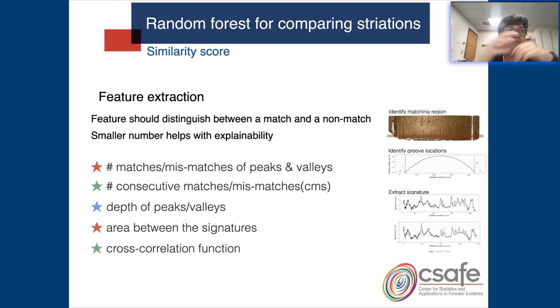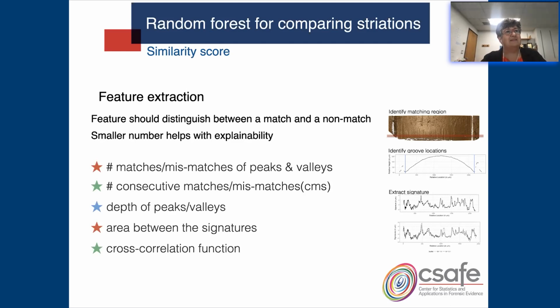A smaller number of features helps a bit with explainability. You might have seen that with our example of the MNIST digit classification. We're dealing with just 784 variables out of the box.